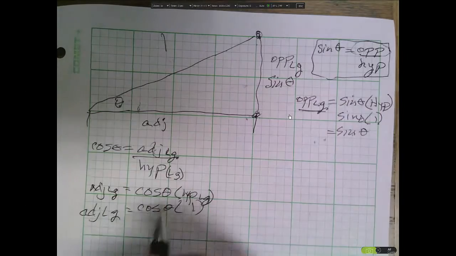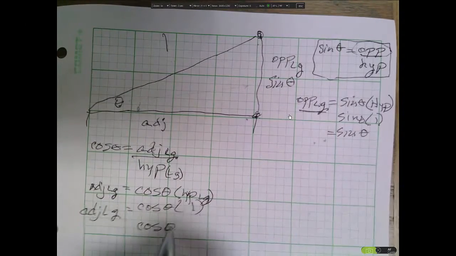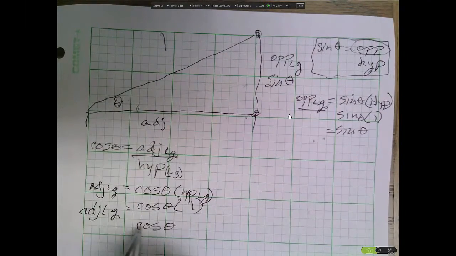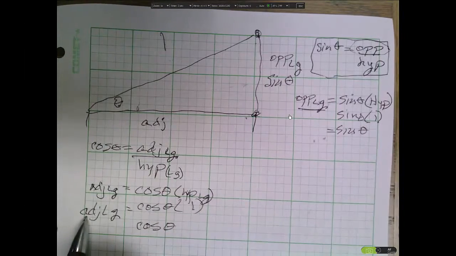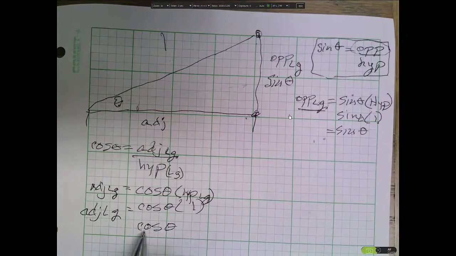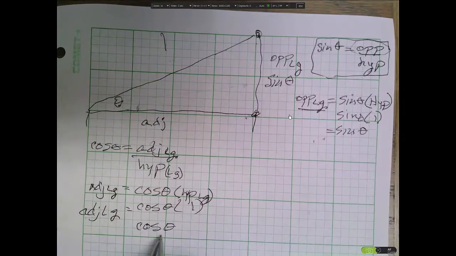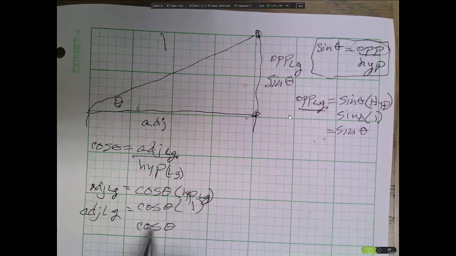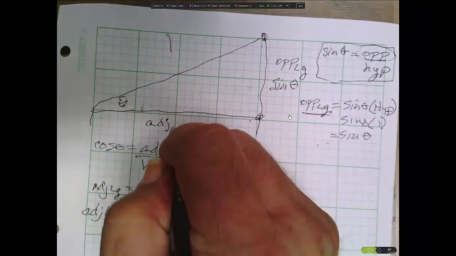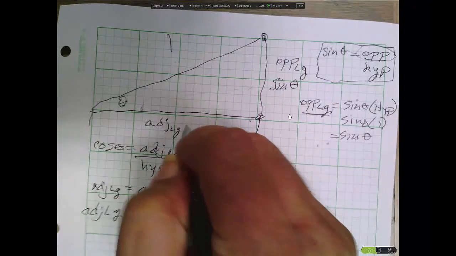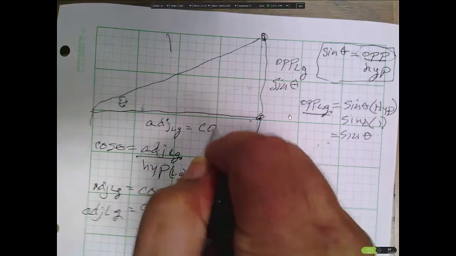Okay, so cosine of theta and adjacent sub large being equivalent, we can use either symbology for the side. So adjacent large equals cosine theta.